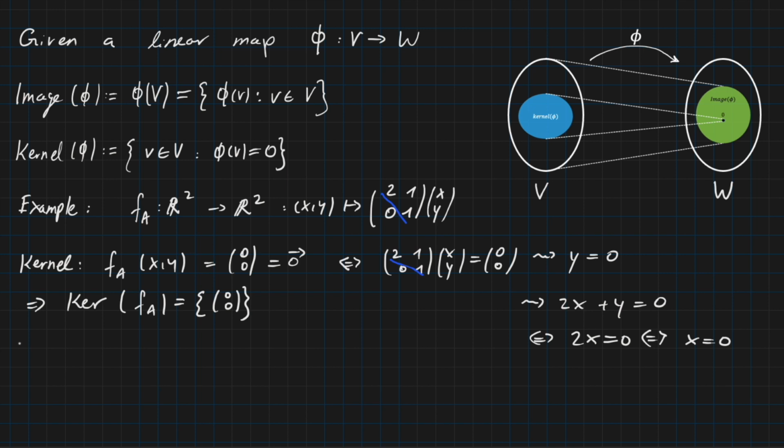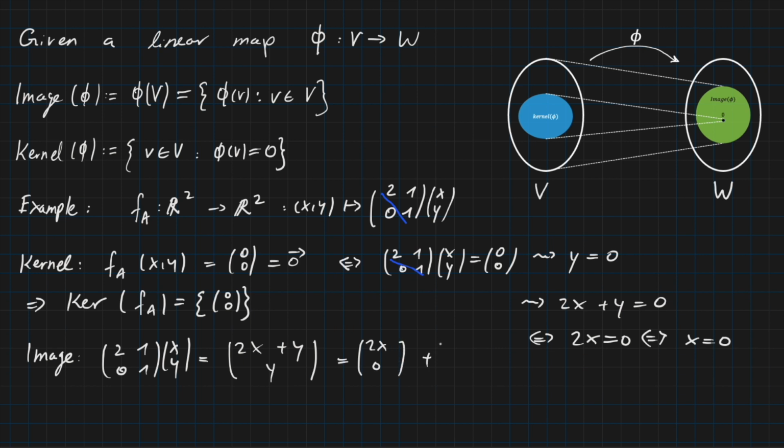So regarding the image, it's useful to observe the following: the matrix (2, 1; 0, 1) applied to (x, y). So this is then (2x plus y, y). And this is the same as (2x, 0) plus (y, y).